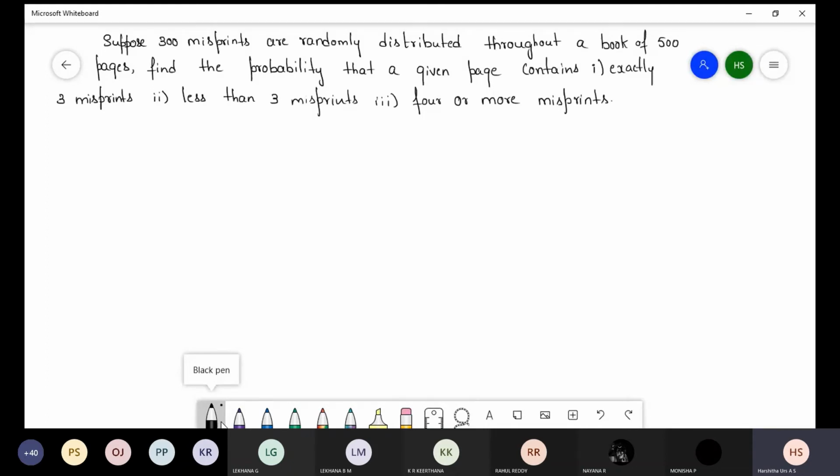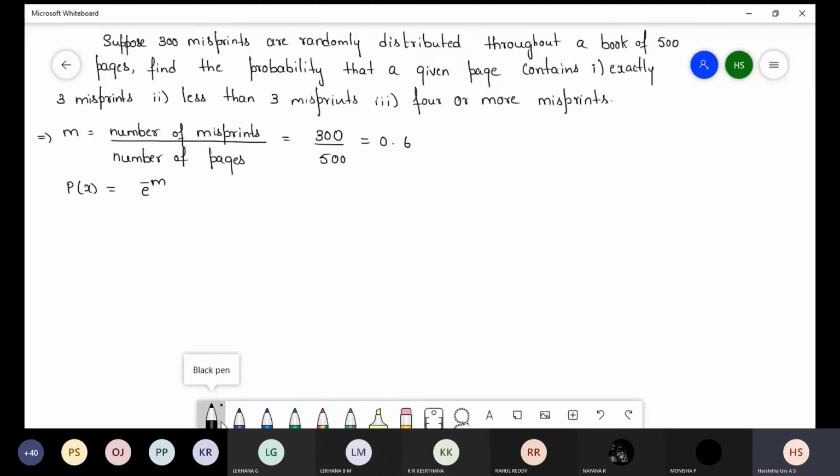So here we have to find out m. What we have to write is number of misprints divided by number of pages. So here we get misprints is 300 divided by pages is 500, which is 0.6. Next, P of x is equal to e power minus m, m power x divided by x factorial.